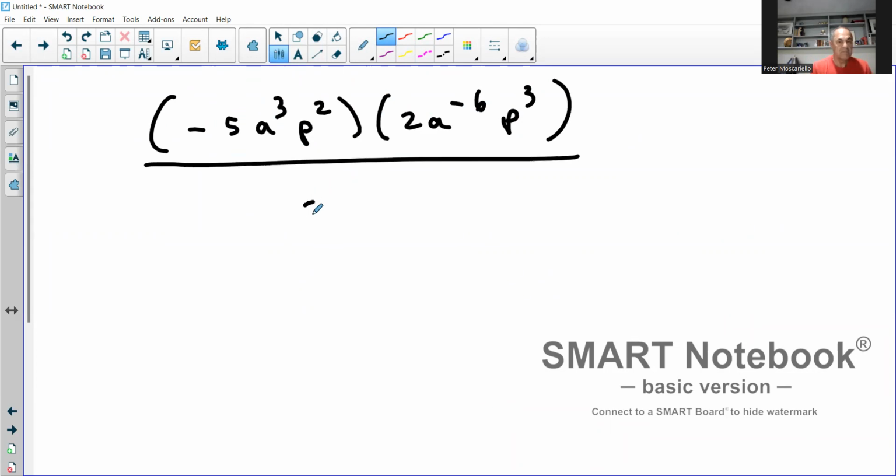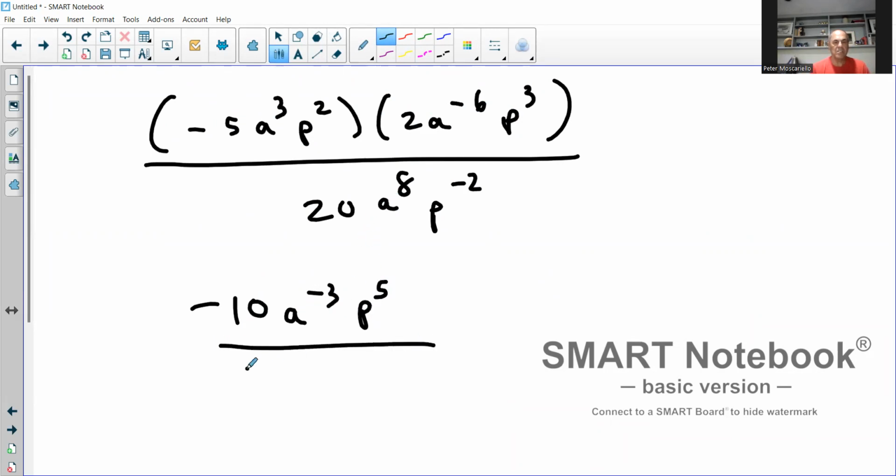Well, this just combines a couple skills of multiplying and then dividing. So let's multiply on top: negative 10, a to the negative 3, p to the 5, adding exponents over this. So negative 10 over 20 reduces to negative 1/2.